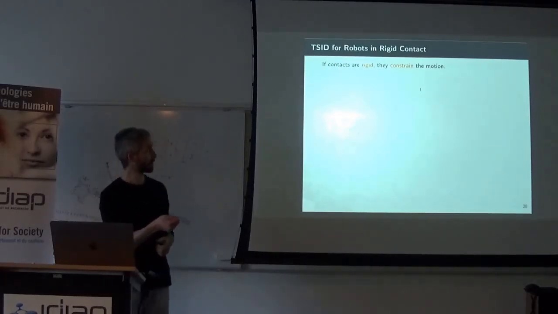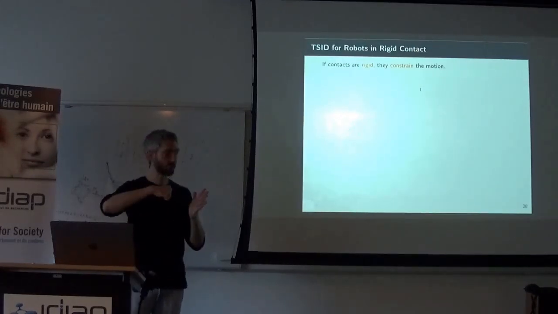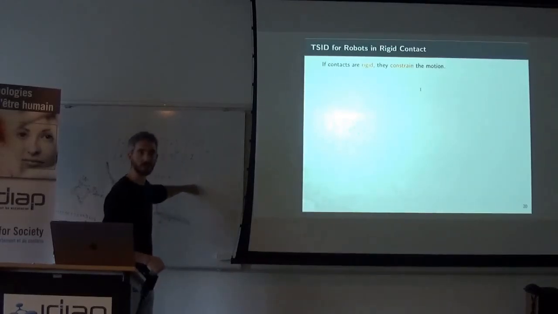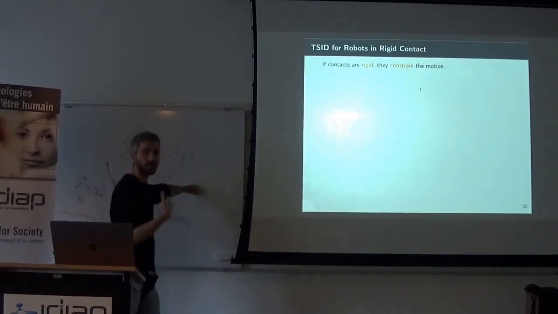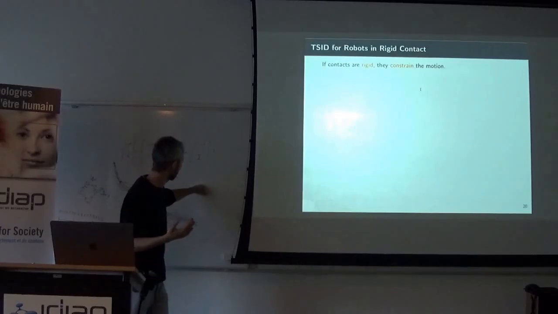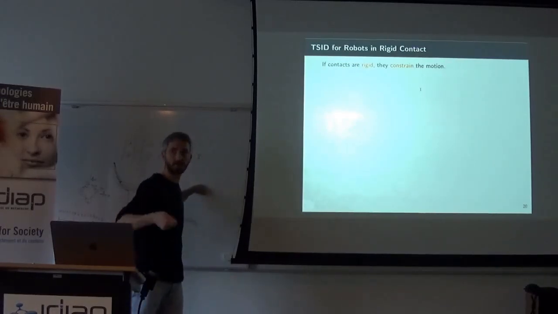In the case where the contacts are rigid, they are constraining the motion, meaning that once my hand is in contact with the wall, I can no longer move my hand in that direction, right? And that is a constraint. It's something that I cannot do no matter how I push. I can push as much as I can, but I cannot move in that direction. So this is a constraint.